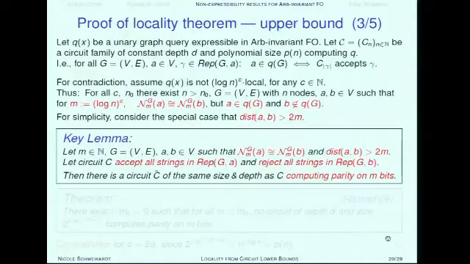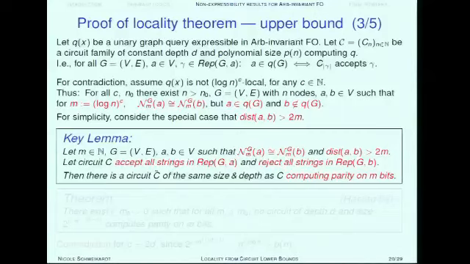But now the key lemma that we prove is this one, saying that if I have exactly this situation, so if I have a number m, a graph G, two vertices A and B of the graph, such that their m-neighborhoods are isomorphic and they are far away from each other, so their m-neighborhoods do not intersect. And if we have a circuit C that accepts all strings that represent G and A, and that rejects all strings that represent G and B, so that's exactly the situation we have here, because A belongs to the query result and B doesn't.